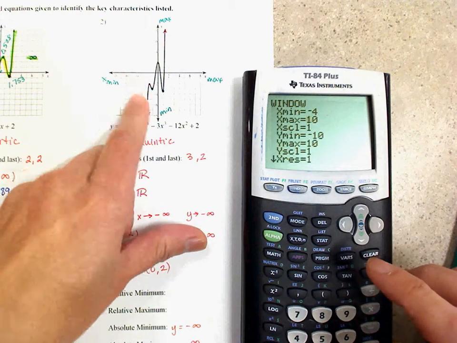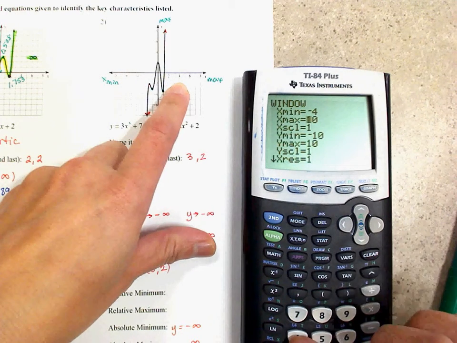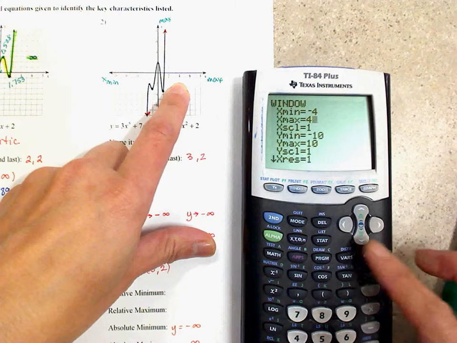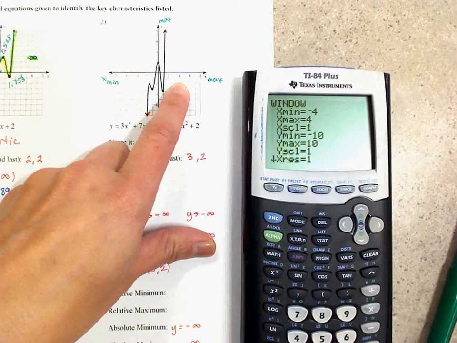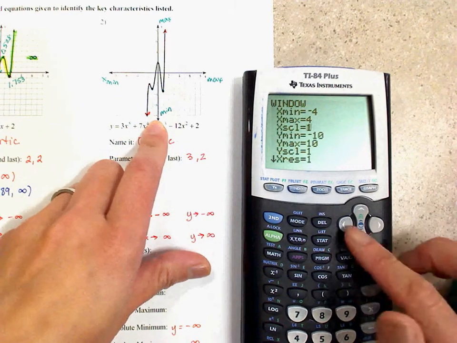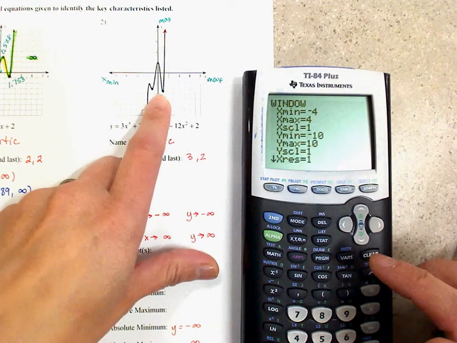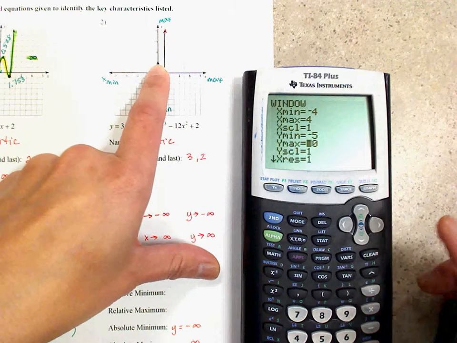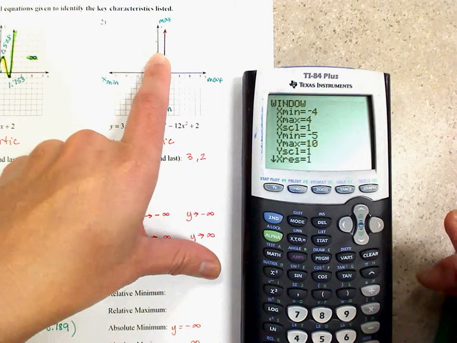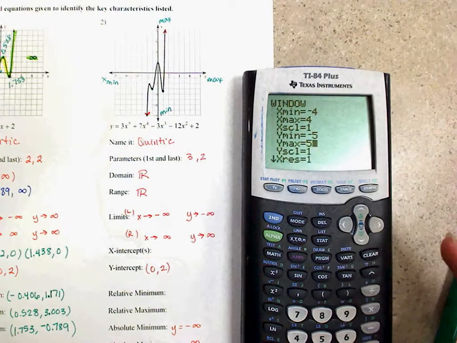Maximum, how about we go to 4, okay? Don't need to change your scale. That's just going tick mark as 1, 2, 3, 4, 5. Your Y minimum, this is like negative 4. I can see it. So I'm about negative 5. Y maximum, 2 right there as I can see. So how about we go to 5 as well? Kind of keep it, you know, symmetrical. And now hit graph.